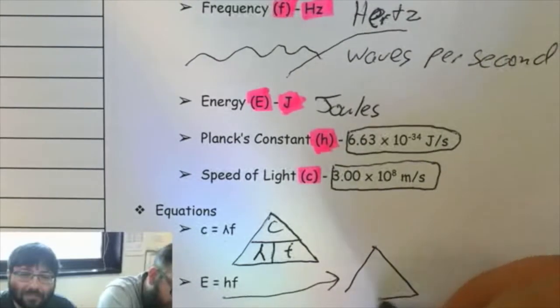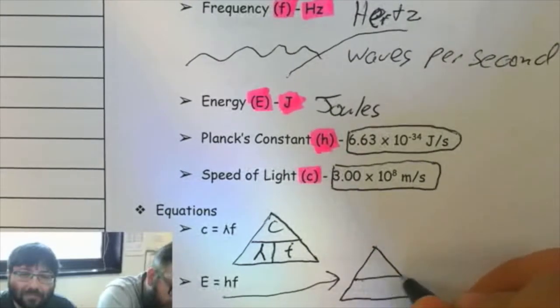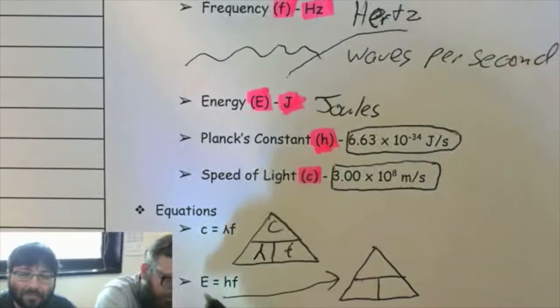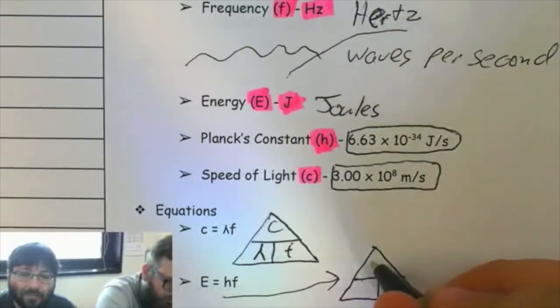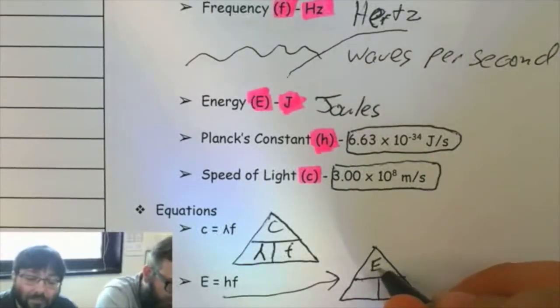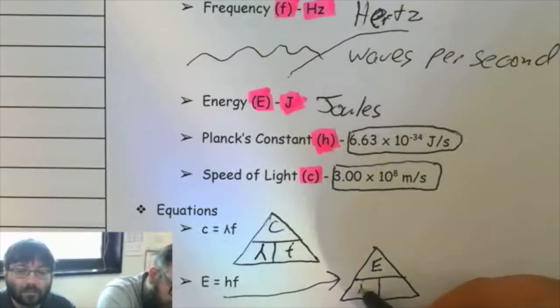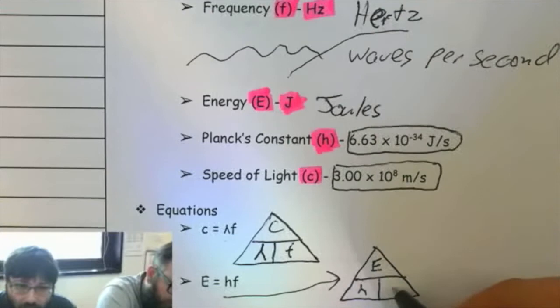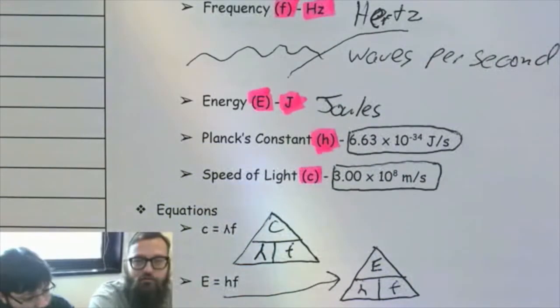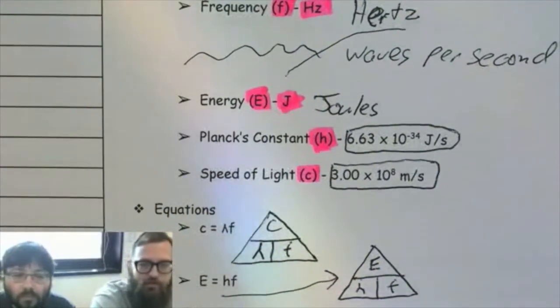E is by itself, so that's the one that goes on top. And then H, my Planck's constant, goes in this part of the triangle, and then my frequency goes in this part of the triangle. Easy enough? I think so.